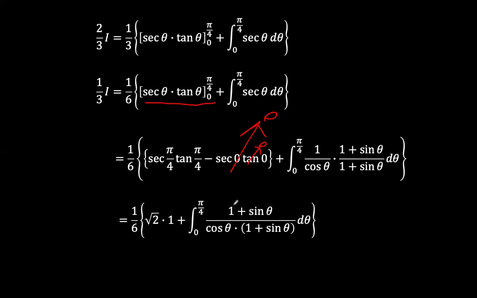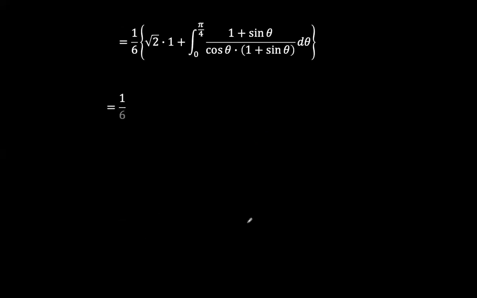This 1 here can be expressed in form of the identity cosine square theta plus sine square theta. Okay. This one here is the same as 1.